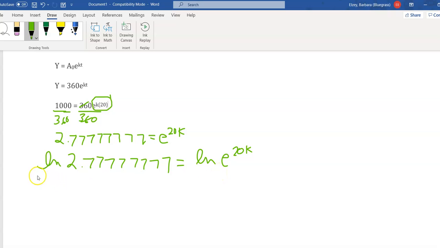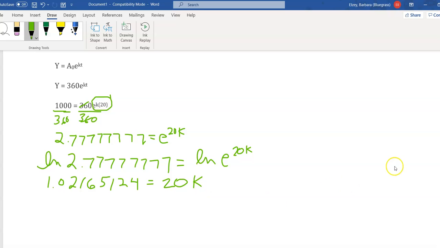On the left, we can put natural log of 2.77777 into our calculator. It gives me 1.02165124. Again, I'm going to take it about 8 digits, and then we will round to 6 significant digits when we're done. Remember that when the natural log and e are put together, they cancel one another out. So we just get 20k.